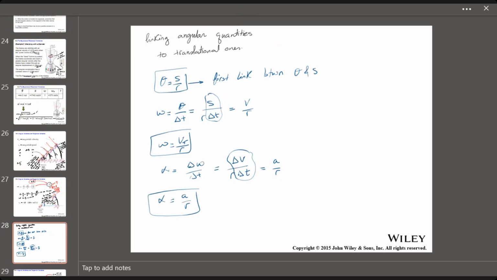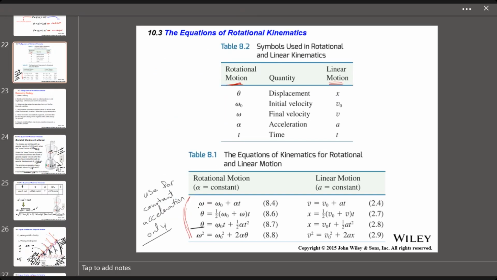Jamal, I previously wrote my angular quantities in terms of each other, meaning I wrote alpha as omega over T and so on. So I used these, then I decided to link these to these. Okay, I get your point.